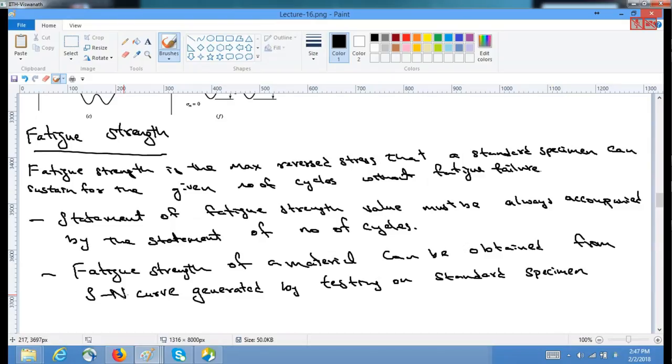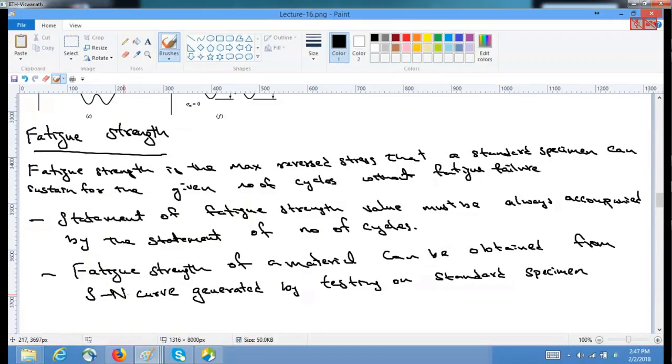What happens is, even before it completes, let's say, 6 years of service or 10 years of service or 10,000 cycles, if it fails, then it has not met its intended service. If you're designing for some number of cycles and it is not sustaining them, that is also a failure. So failure is not only about strength or stiffness, but you need to understand that it should maintain the strength and stiffness over the desired life.